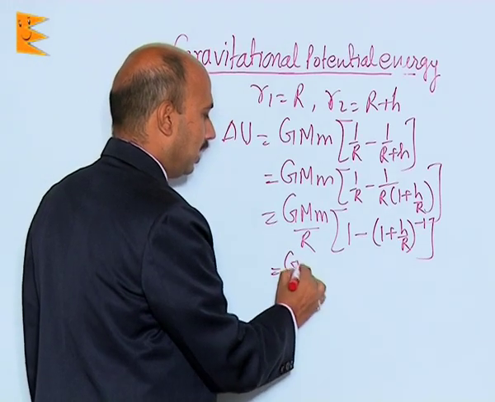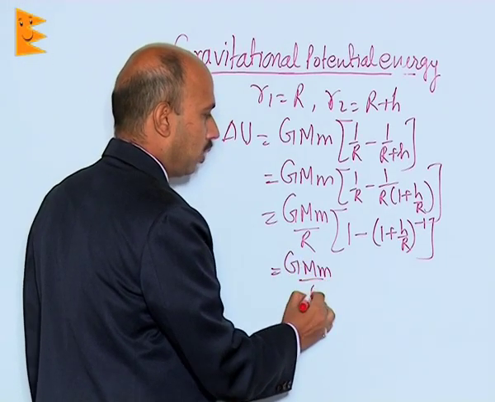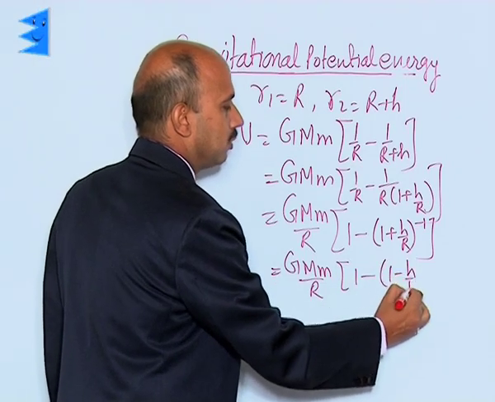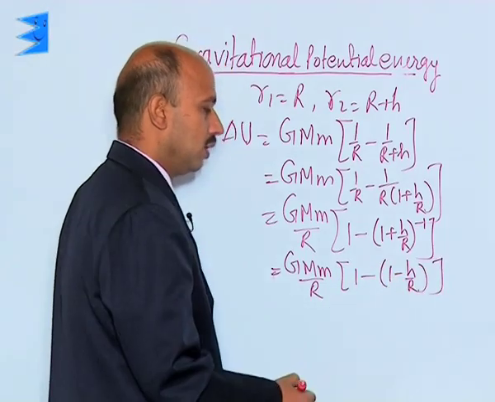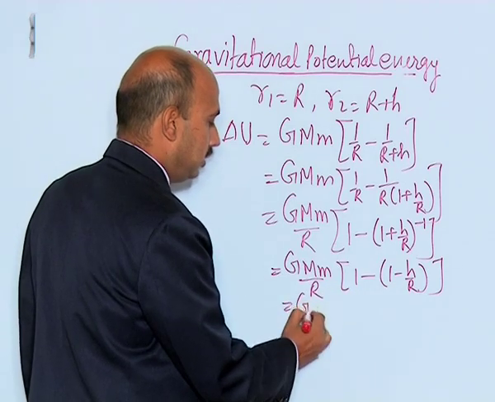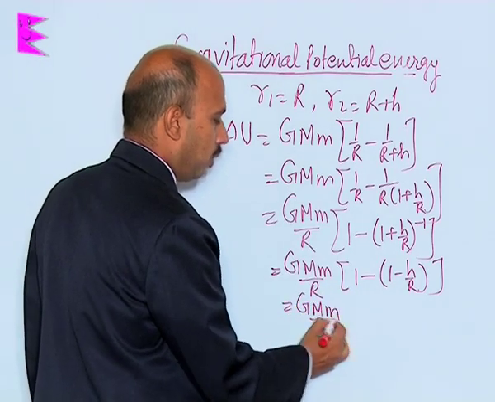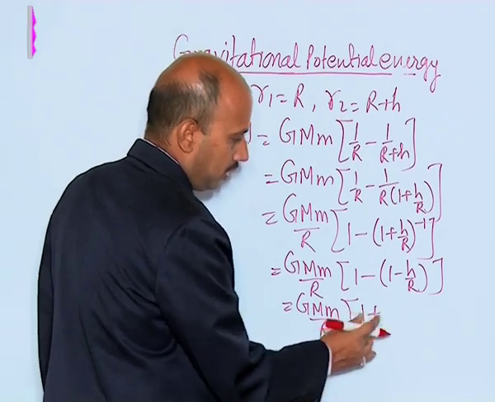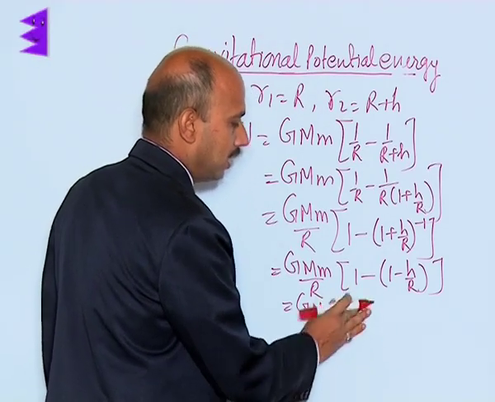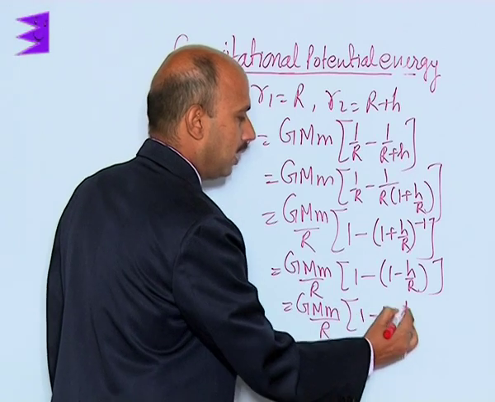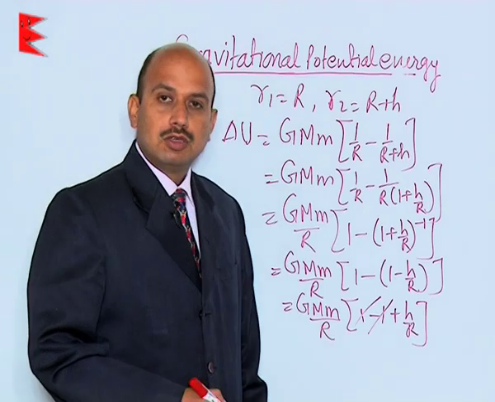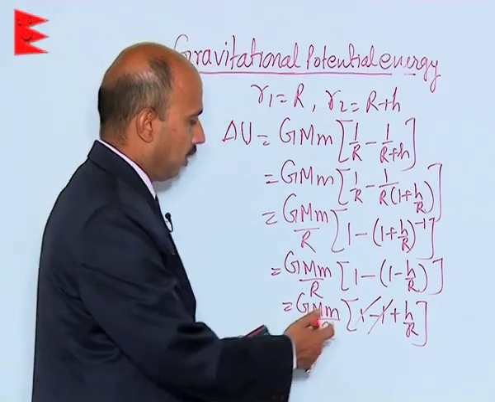So, we will get GMm upon R into 1 minus, 1 minus h by R, and this and this will get cancelled. So, now you will get this formula.